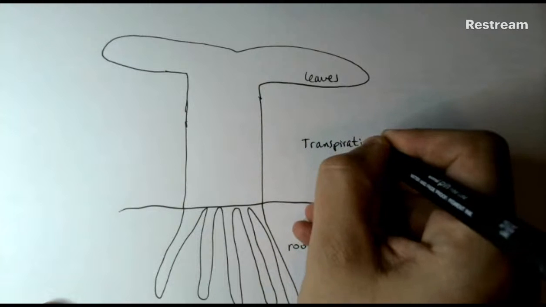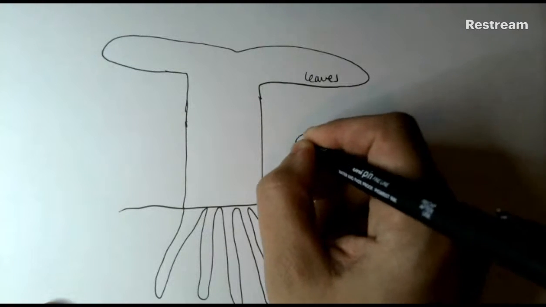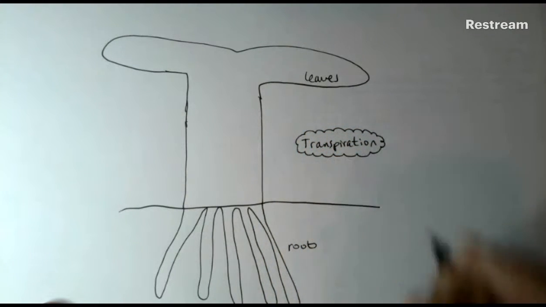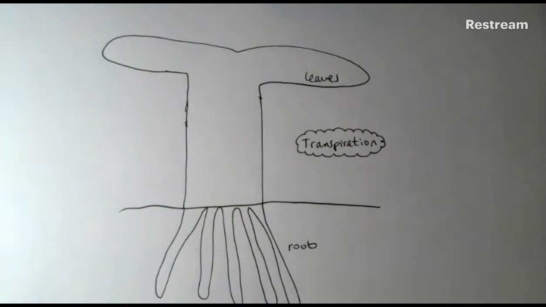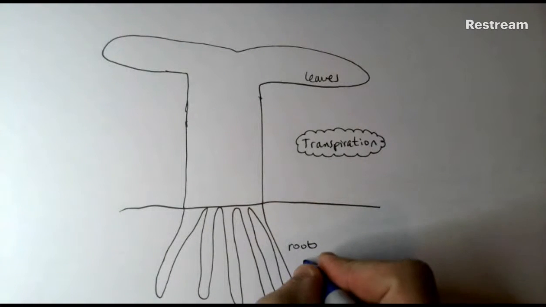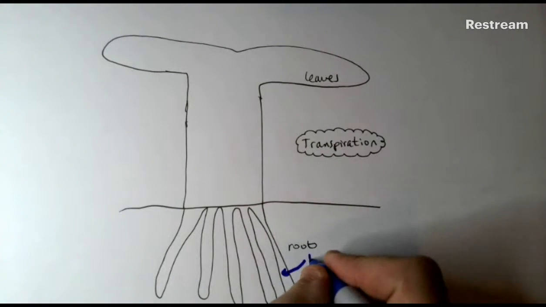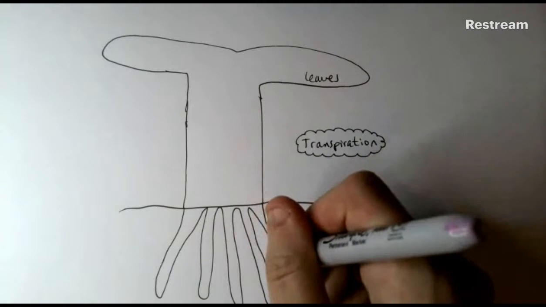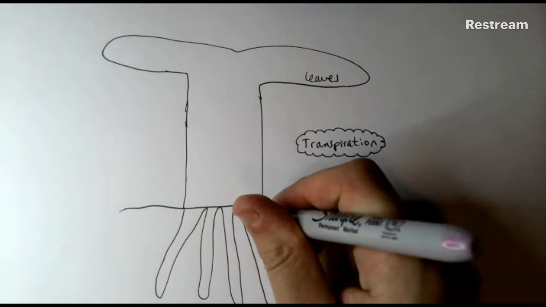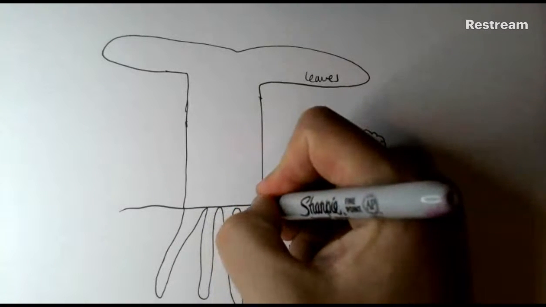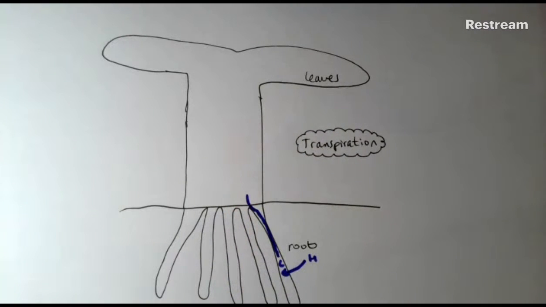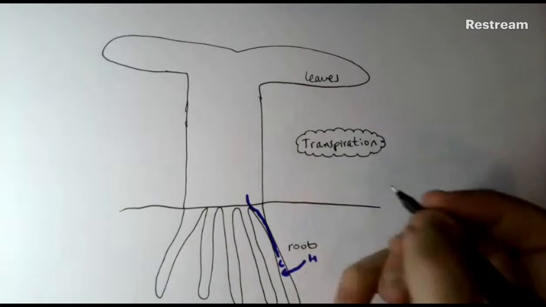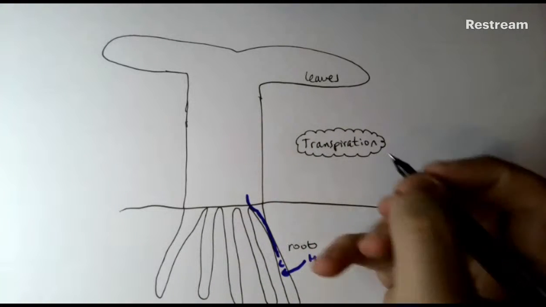Water is absorbed into the root by osmosis from a high to low concentration, and that water then moves through something called the xylem, which we're going to draw now. So we're now going to draw the xylem and explain the adaptations of the xylem.